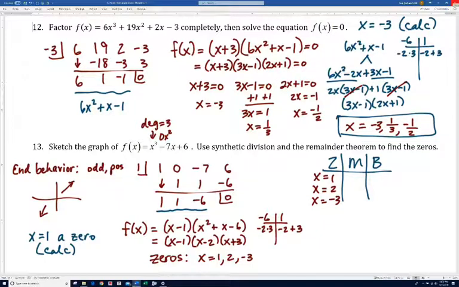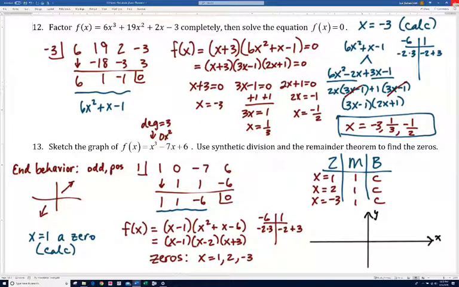Notice all of our powers, these are all to the first power. Or another way to say that is there's a single factor for each of the factors. And so the multiplicity is 1. And so we know that at each of these zeros, or the x-intercepts, the behavior is the graph's going to cross. So now we're ready to graph.